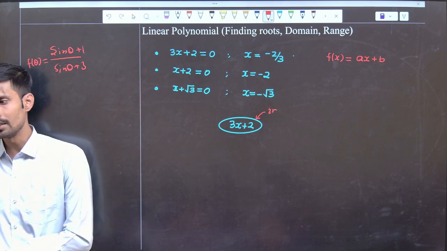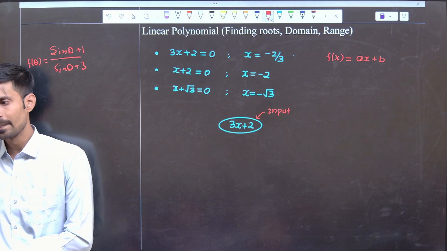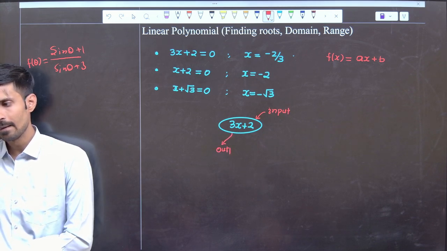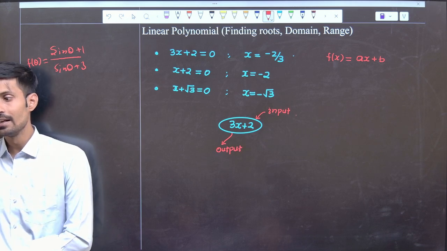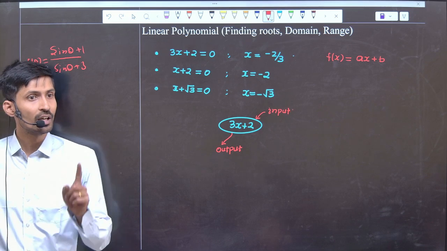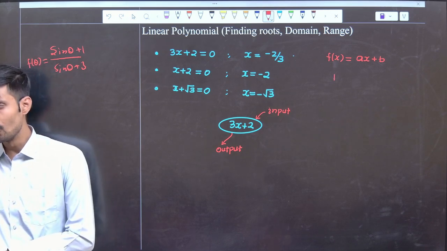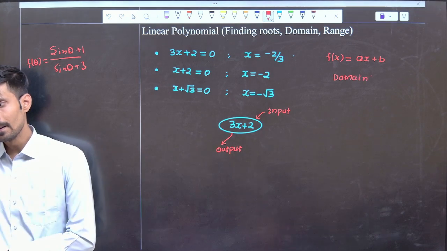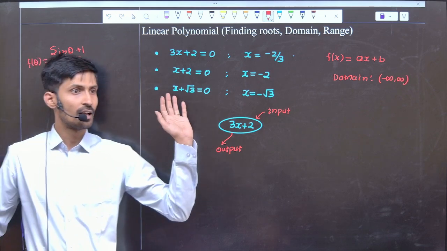Input is something and something is output. Output we say range, input we say domain. So what will be the domain of a polynomial function? Minus infinity to infinity. All numbers it will accept.